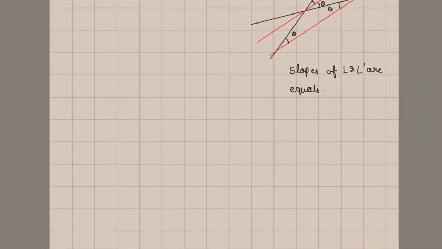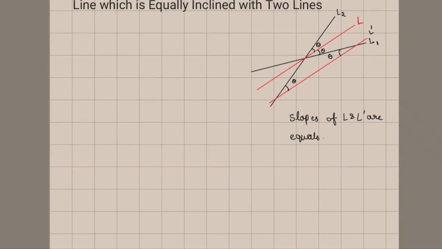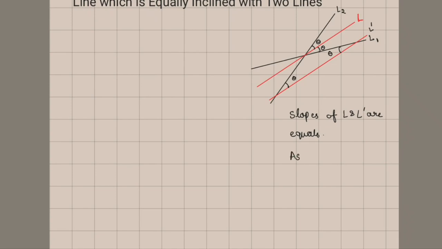Because tan theta, which is the angle between two lines, as we have discussed in lecture 3, completely depends on the slopes of the two lines. So the angle made by L and L dash with L1 and L2 are equal.